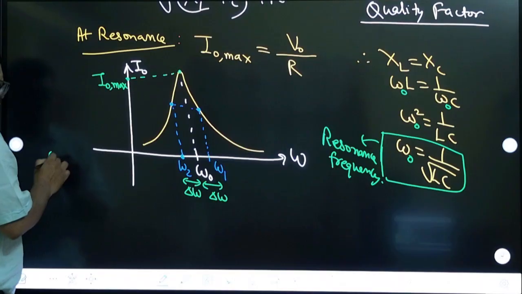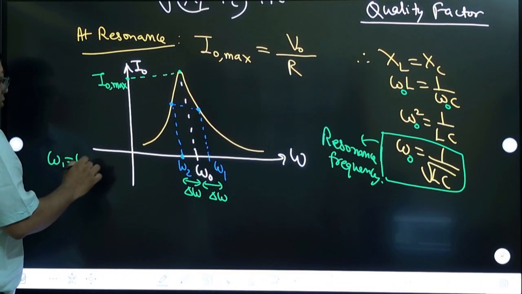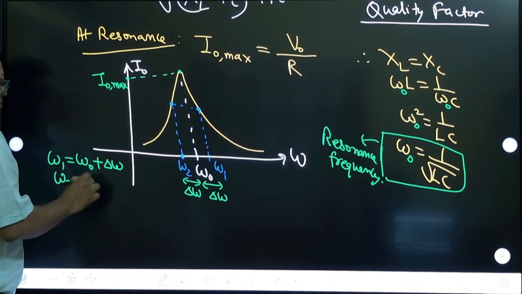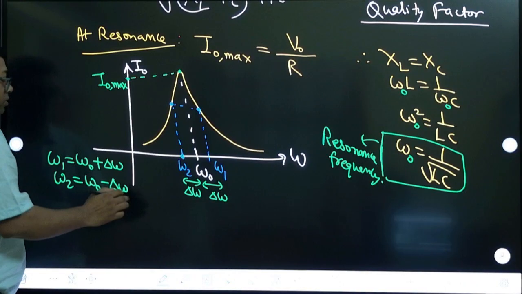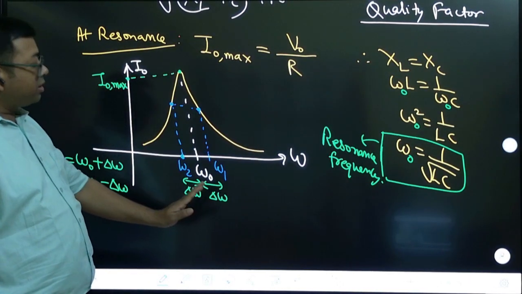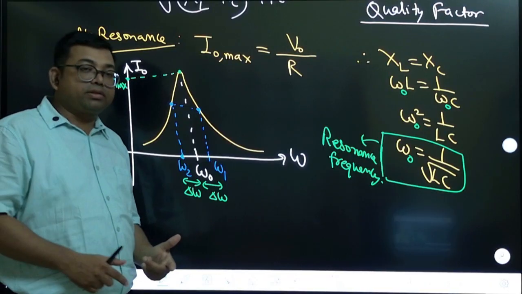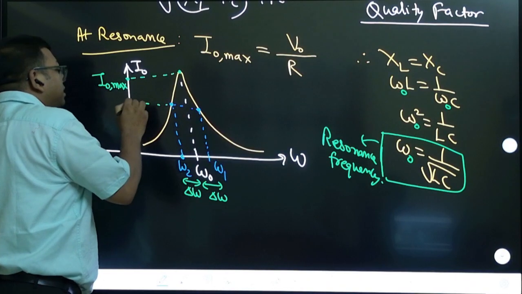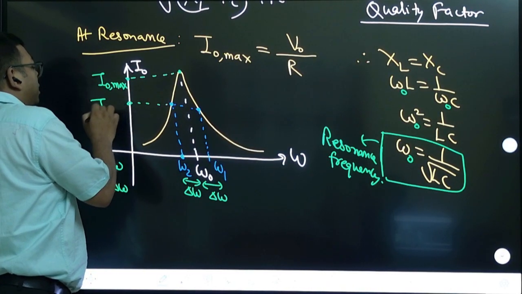So omega 1 will be nothing but omega naught plus delta omega, and omega 2 will be nothing but omega naught minus delta omega. So delta omega more and delta omega less than the resonance frequency.